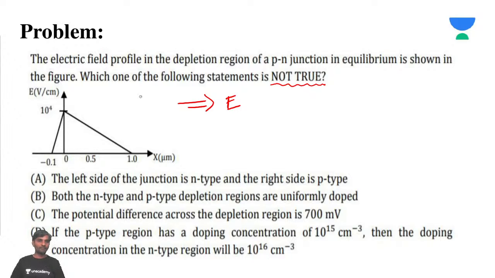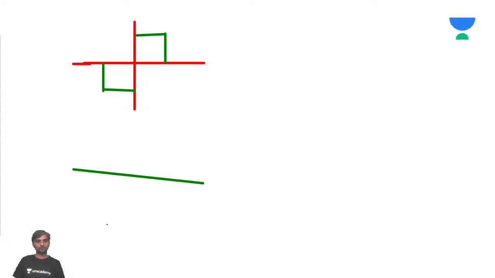So he's asking about the electric field. Sir, see, this is positive, meaning this side is the N side. Right? Earlier, what we have studied is like this. Here I'll explain.